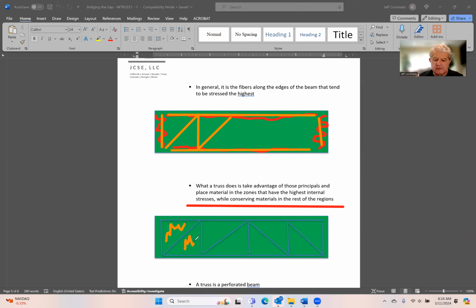We don't have material in here or here, right? What we have is simply material across the top, across the bottom, and at strategically located locations internally to that. Okay, so there is our truss.